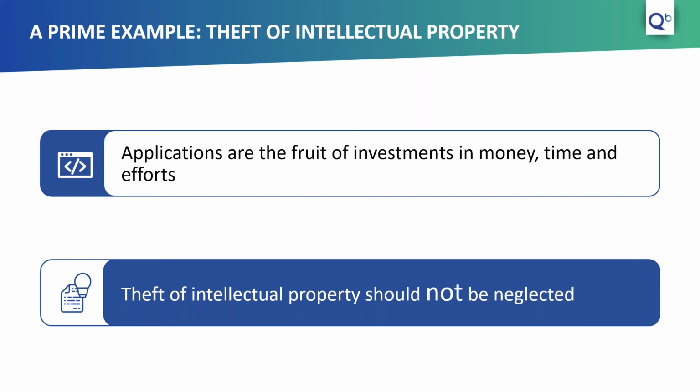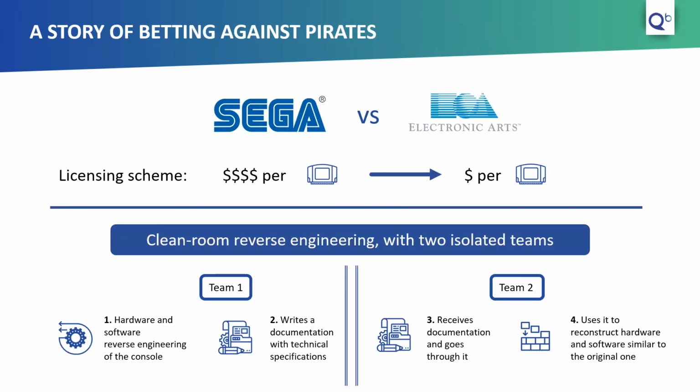In order to prove my point, let's see a famous example that is a little bit old, but you will all agree that people who undergo this kind of mishap are not very eager to communicate on it. So this example is the story of Sega versus Electronic Arts. The action takes place back in the 90s.